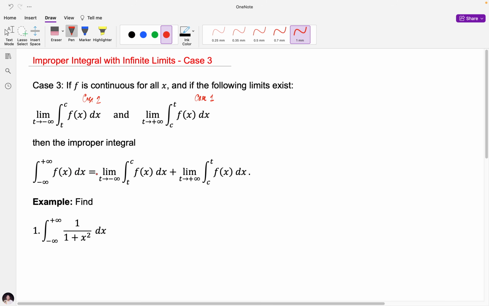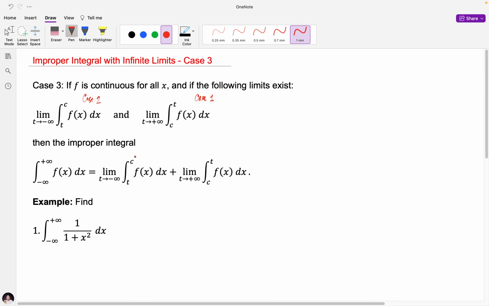Then the improper integral of f of x dx from negative infinity to positive infinity is equal to the limit of the integral of f of x dx from t to c as t approaches negative infinity, plus the limit of the integral of f of x dx from c to t as t approaches positive infinity.